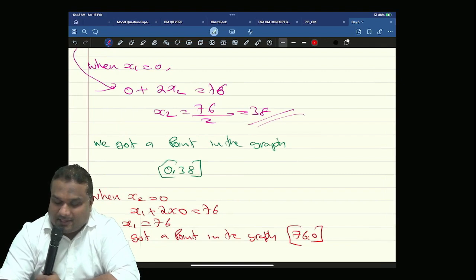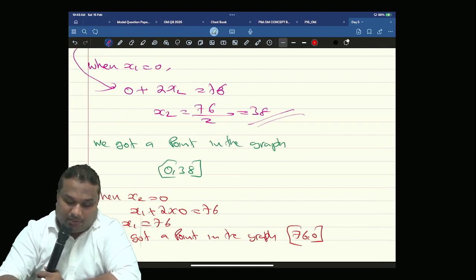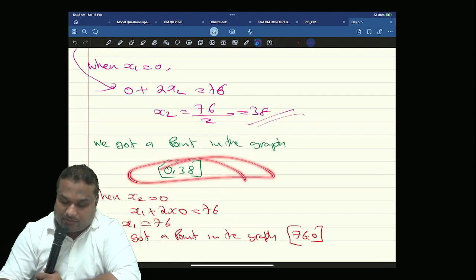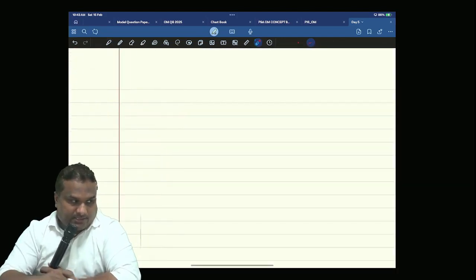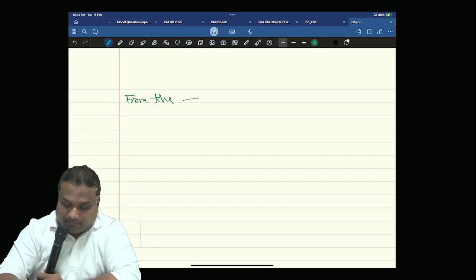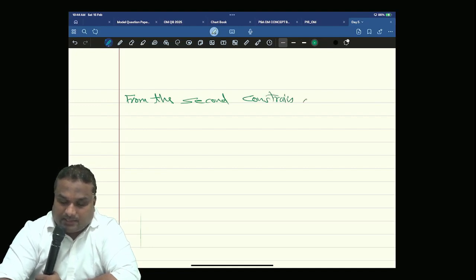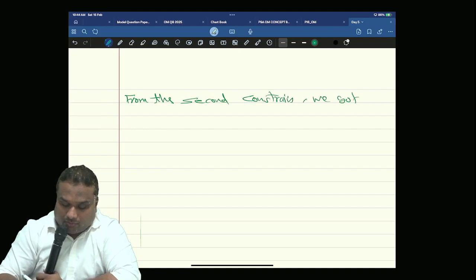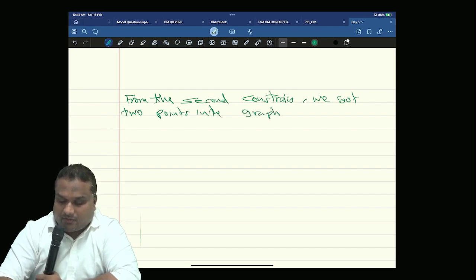Happy. Okay? Now, from the second constraint, we got 2 points in the graph. How many points did we get? You write down: from the second constraint, we got 2 points in the graph.